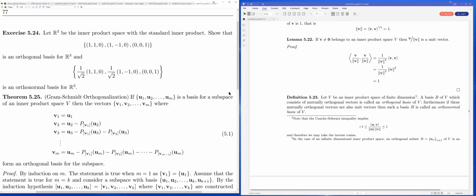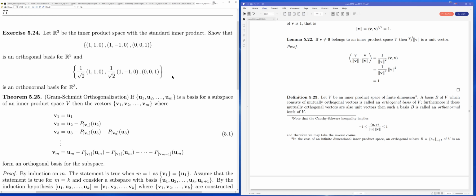Once you have an orthogonal basis with the additional condition that each one is of length 1, that would be an orthonormal basis. So this here is an example of an orthonormal basis for R3.